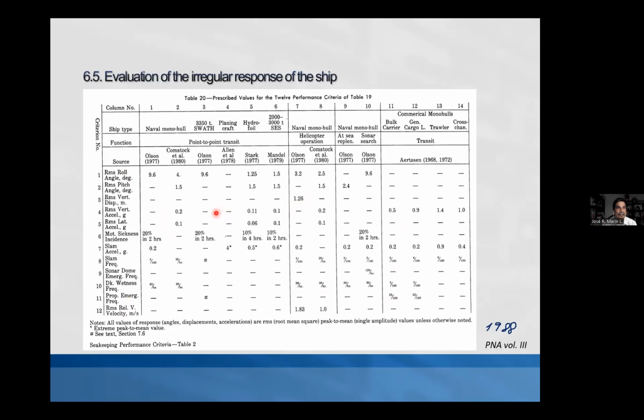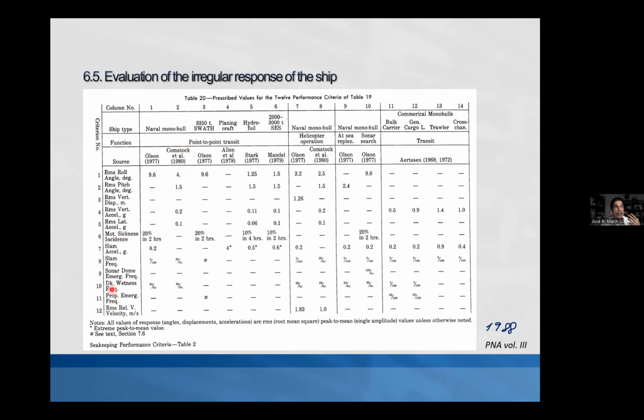Okay, so you can use any of these parameters in order to judge the response of the ship in irregular waves. Now, what ships are we talking about? Well, these are the ships that we're considering. These up to here are Navy ships, and on the right are commercial monohulls. For example, this source recommends these values for these parameters.